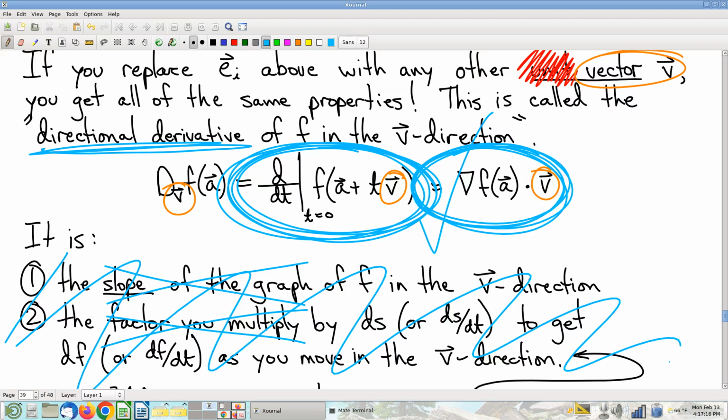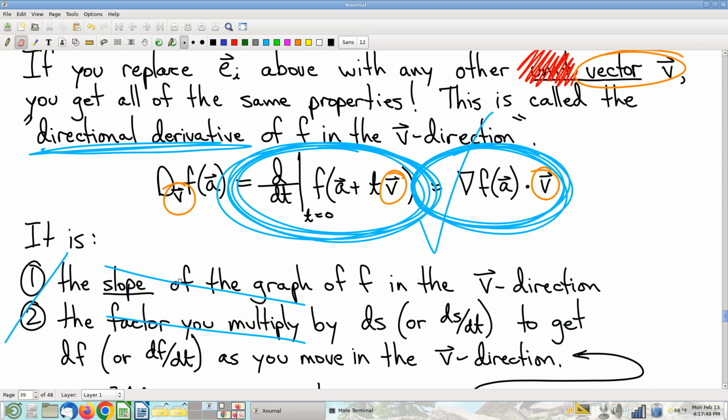When you remove this unit vector requirement, the term directional derivative applies more broadly. That's a good thing. You don't get to know as much about it, you don't have these interpretations, but it does apply more broadly. So it's a pro-con thing. It's really not clear which of these is a better choice.